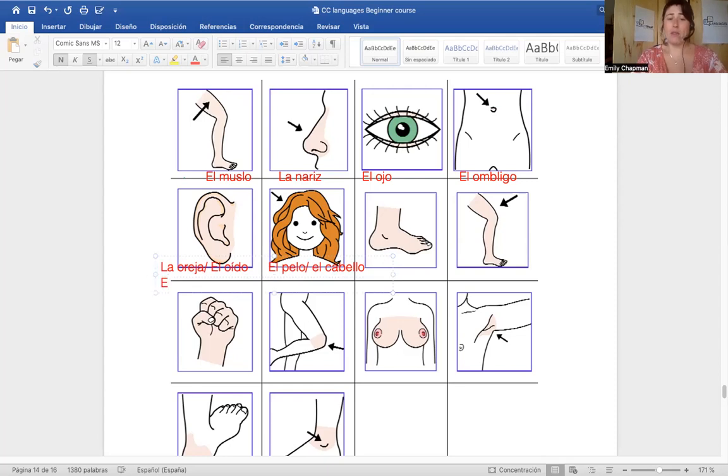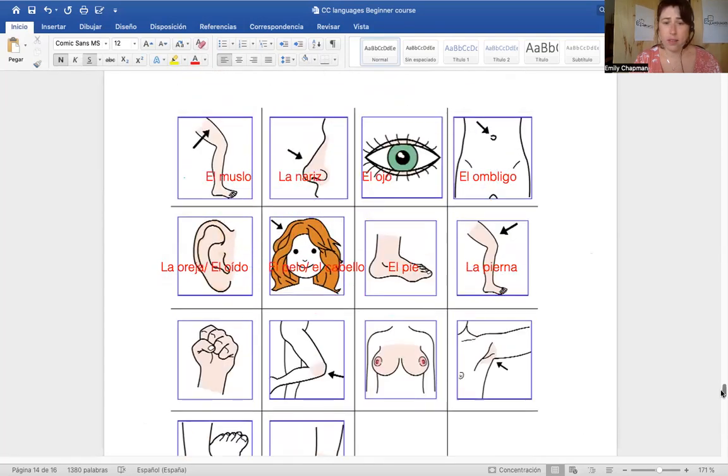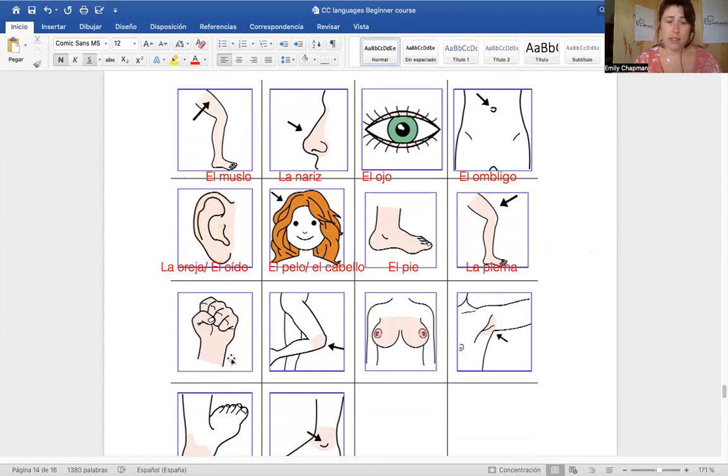El pie would be foot. And here I'm thinking just leg in general, which we've also seen, la pierna. Muy bien. Fist would be puño.